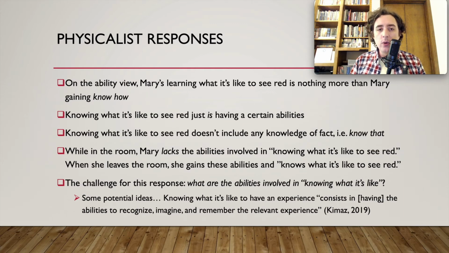On this view, when she leaves the room, she doesn't learn any new facts. Rather, she now is able to recognize red using her vision. She's able to imagine red experiences, and she's able to remember red experiences. Those are all abilities she didn't have while she was in the room. So she gained those abilities and learned something, but she didn't learn any new information about the world.